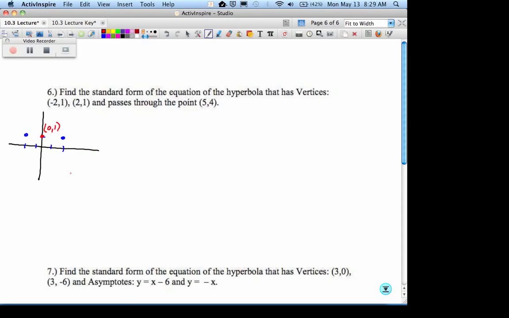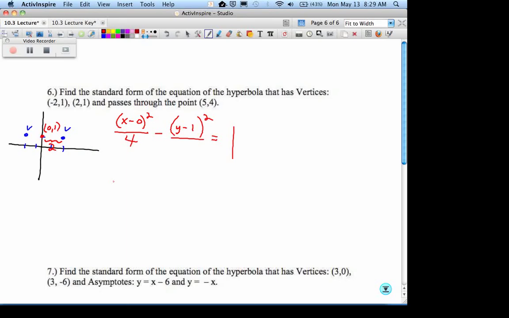Because these are vertices, what goes first, my x or my y? The x goes first. So when I write it out, I'm going to go x minus 0 quantity squared over something minus y minus 1 quantity squared over something is equal to 1. How far is it from the center to the vertex? It's a distance of 2, so I square it and put 4 under the x.